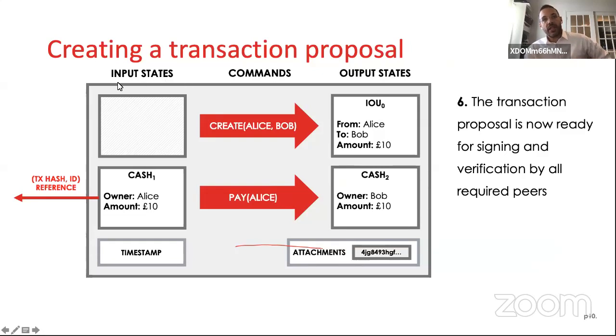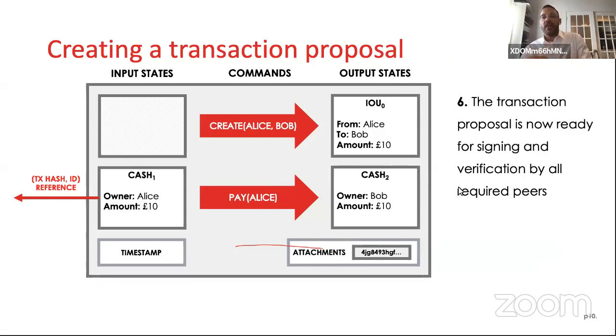So in this transaction, here we can see our states that we mentioned in the previous slide, so input states and output states. We have our commands that we mentioned in the previous slide. We have our transaction, that is the big gray box that wraps it. It's kind of like the envelope that you put all this stuff in. And I think of the flow as kind of like the postal service.